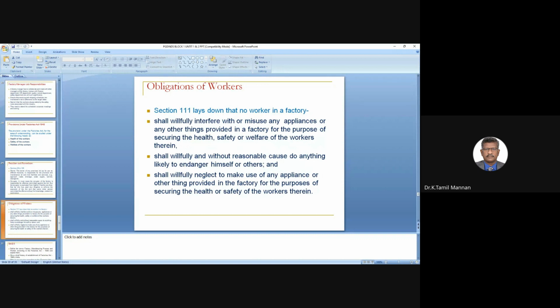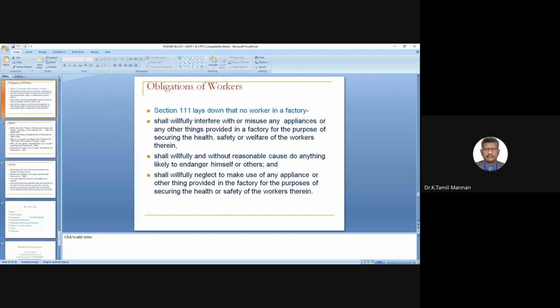If anyone misuses an appliance or any other thing provided in the industry for securing health, safety and welfare, or shall willfully and without reasonable cause do anything likely to endanger himself or others, or shall willfully neglect to make use of any appliance or other things provided in the factory for the purpose of securing the health or safety of the workers therein, that should be punishable. The penalty should be provided in the factories.